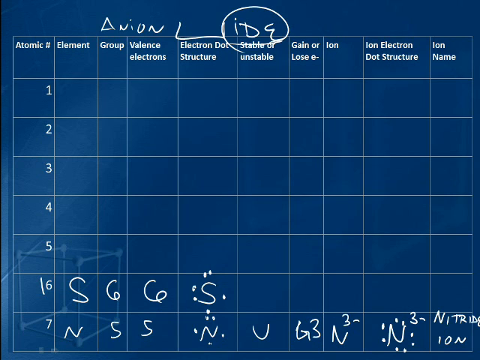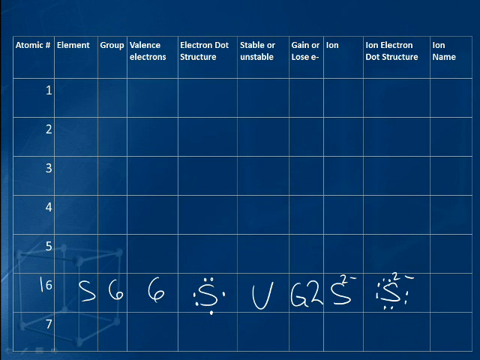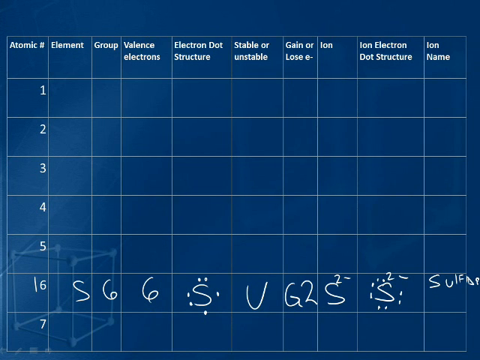So we have 6 there. Is it stable or unstable? It's unstable, it doesn't have 8. Now you're going to gain 2 electrons to get 8. So it's going to be sulfur 2 minus. The dot structure will be full 8 with 2 minus. And then the ion name is just a sulfide ion.